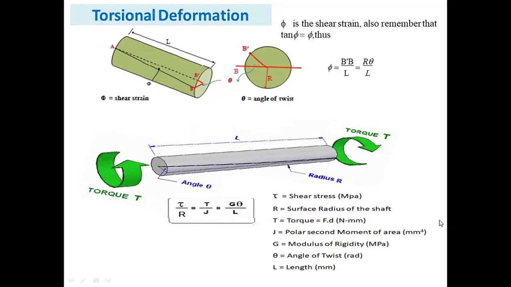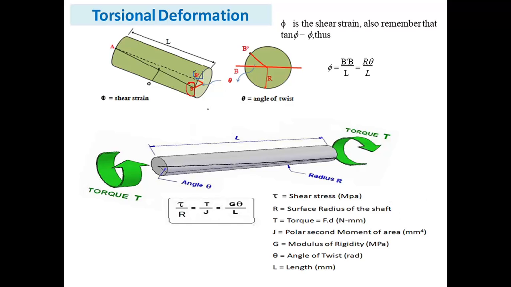The torsional deformation is the displacement of fiber. Let AB be a line on the surface of the shaft, parallel to the longitudinal axis. Due to torsion, the point B is displaced to B dash, right?